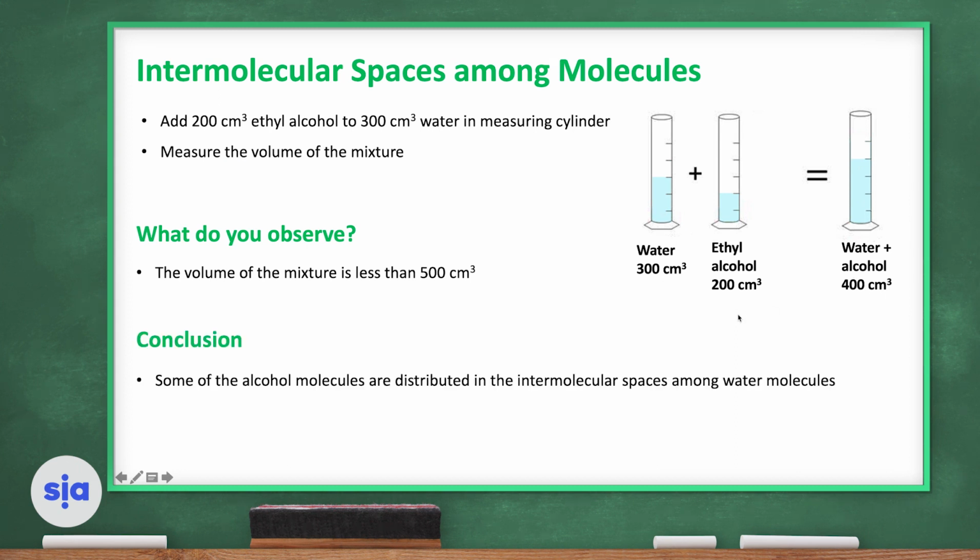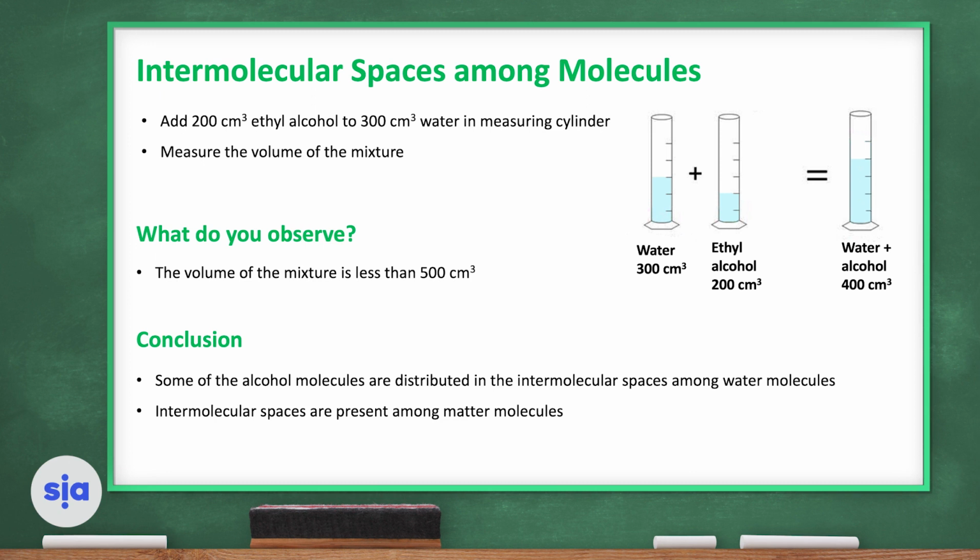Why? Because some of the molecules of the ethyl alcohol will distribute or will fill the intermolecular spaces between the water molecules. This proves that there are spaces between molecules.